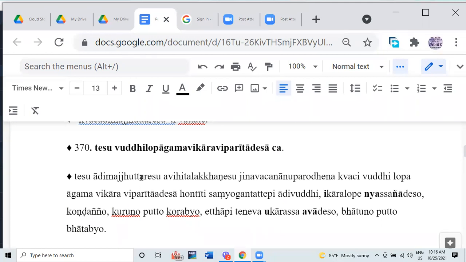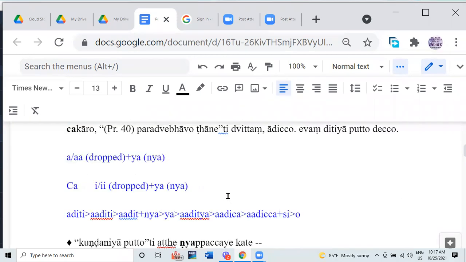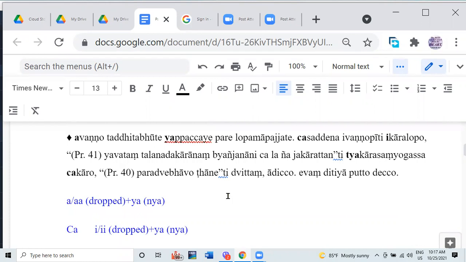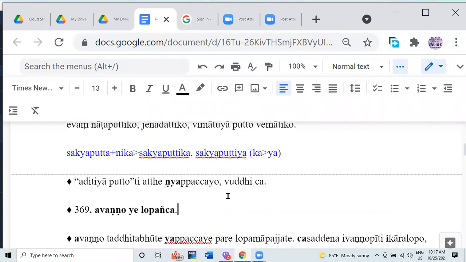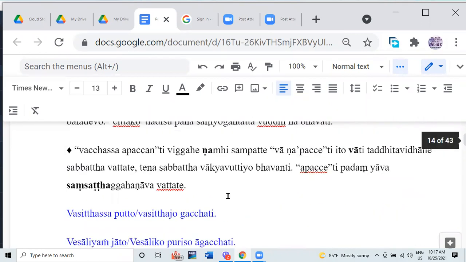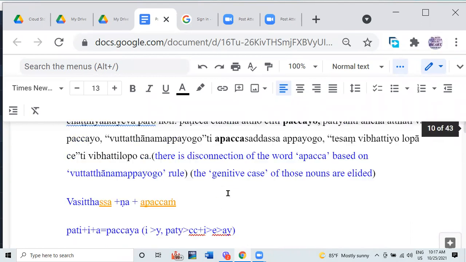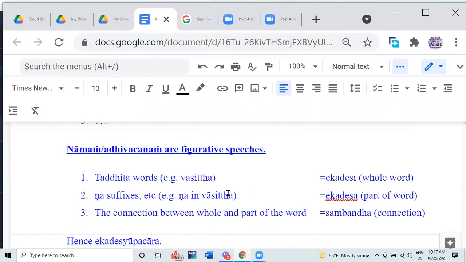Why is this sutta used to strengthen the vowel U of Kondani? Because Buddha Risratava is the preceding strengthening sutta. Buddha Risratava, we did study, right? The beginning sutta. You remember?